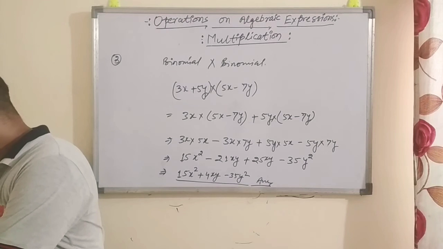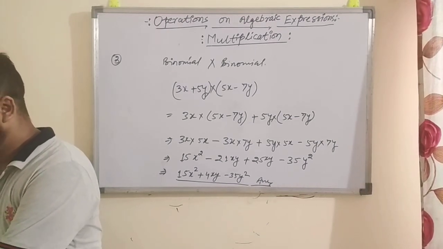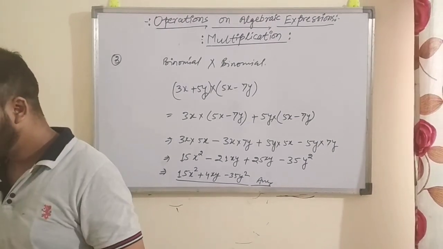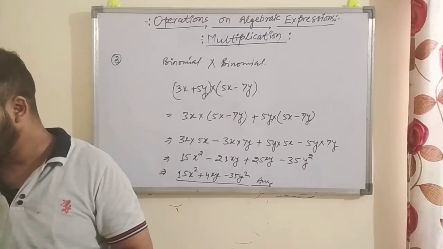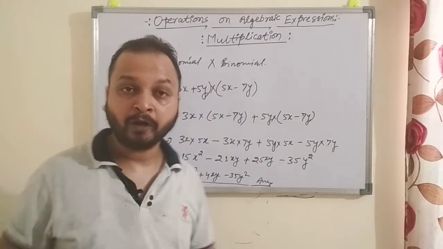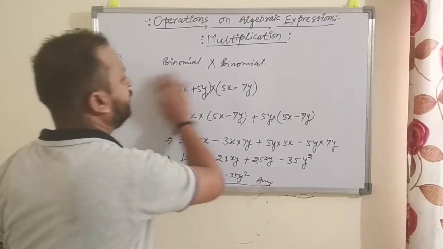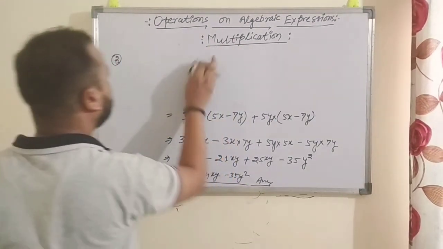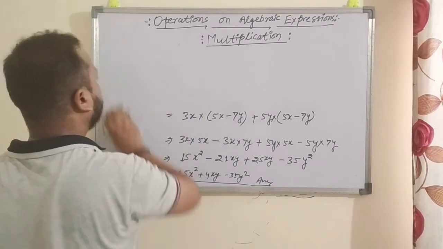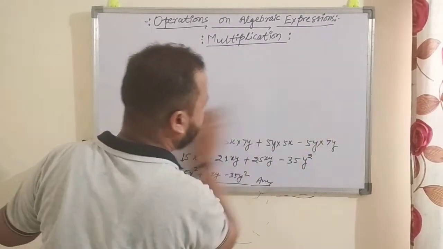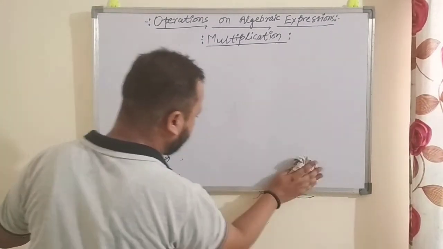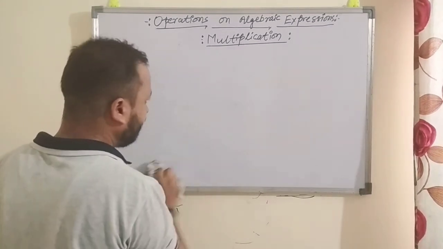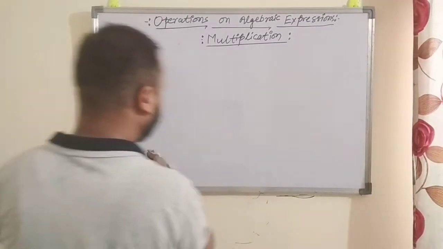So now come to the fourth part, right? Multiplication of two polynomials. In multiplication of two polynomials, there are two types.